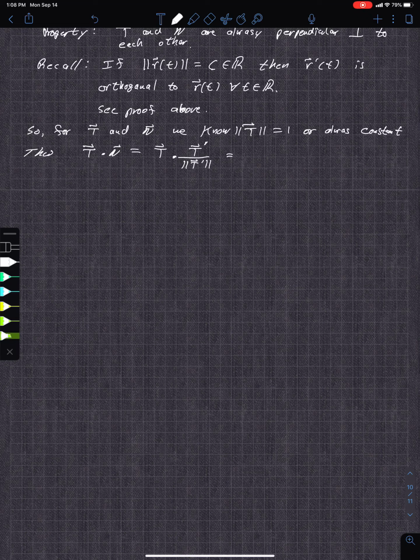If you look at this dot product, you factor this out, and this dot product is 0 because the length is always the same.